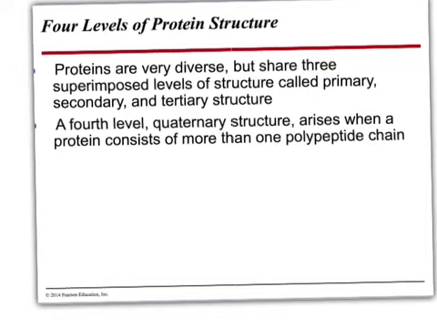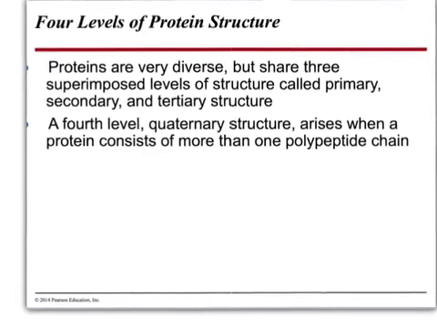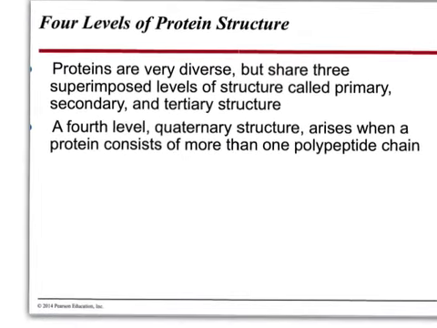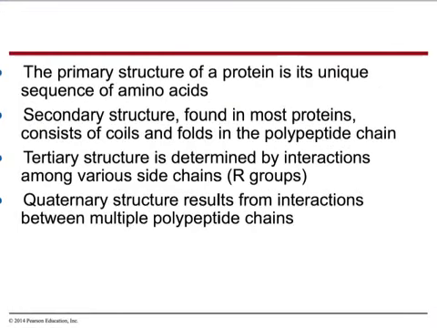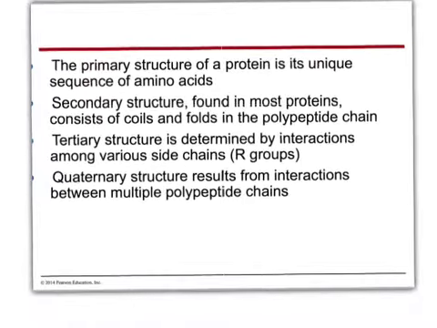In some cases, such as in hemoglobin, you need other subunits to come together to form a functional protein. We're going to go through each one of these levels so you don't have to worry about writing them down feverishly. Each protein has a unique sequence of amino acids, 1 through 355.